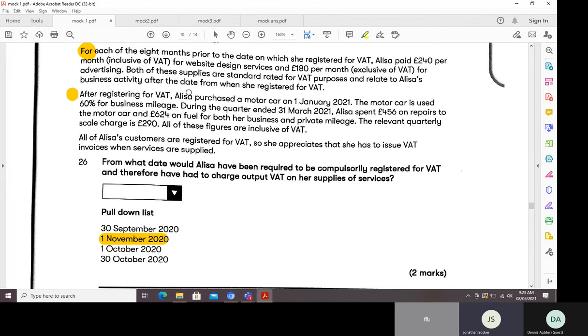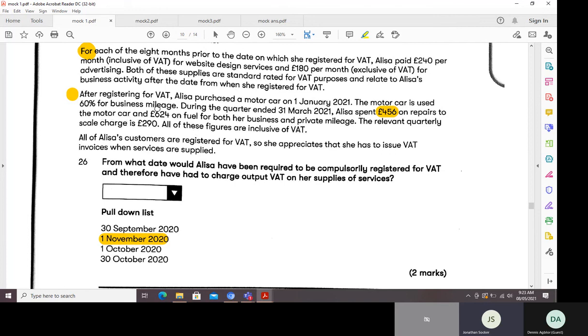So they said after registering for VAT, he purchased a motor car on 1st January 2021. The motor car is used 60% for business mileage. Okay, and then during the quarter, she spent 456 on repairs to the motor car, right? So these repairs will qualify for input VAT.